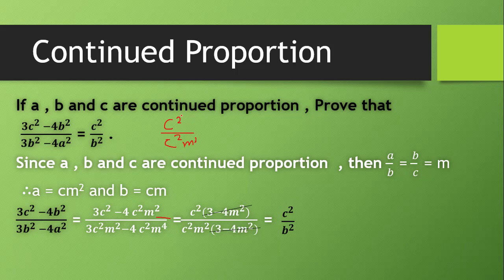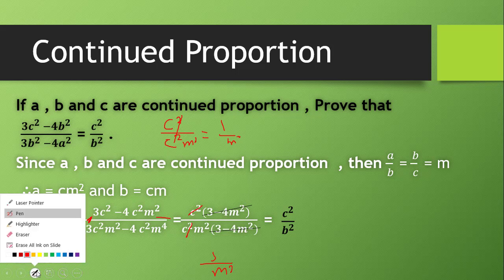So the right hand side will be 1 over M power 2, and I can simplify from this step to also get 1 over M power 2, the same. The two methods are the same. So in both cases, left hand side equals right hand side.